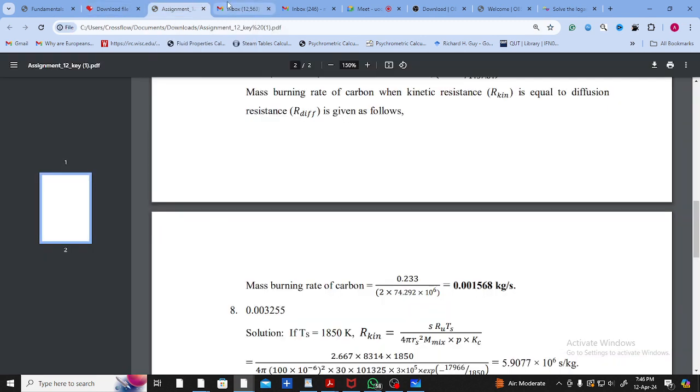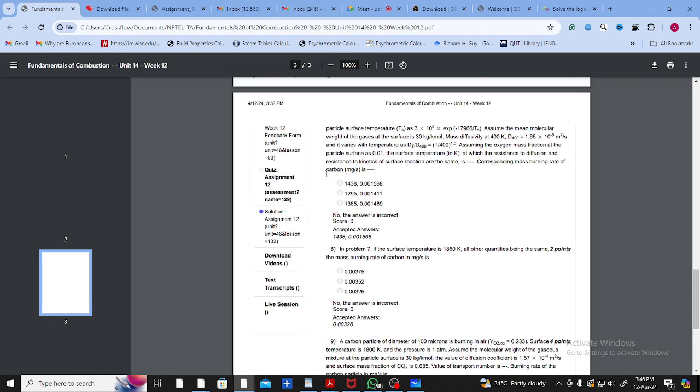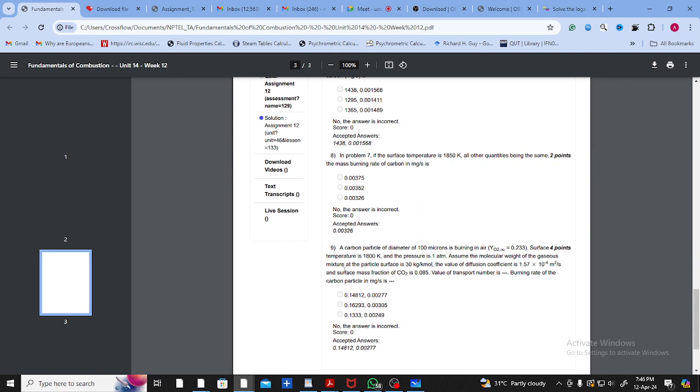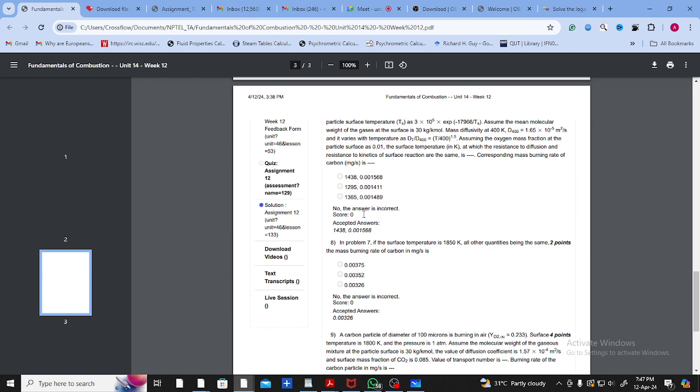I don't think they will give a question like this, where you get some logarithmic equation and are supposed to solve it numerically. Or if they give it, then they may give the answer, so you put the answer and then see. Okay, reverse engineering. Yeah, that one.